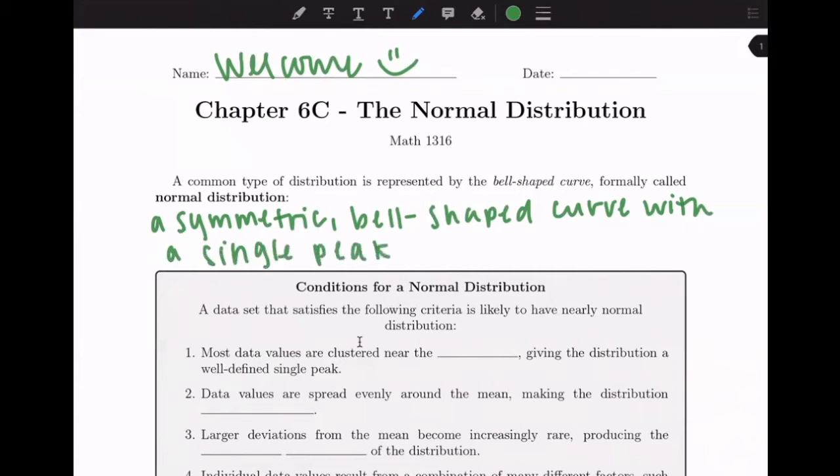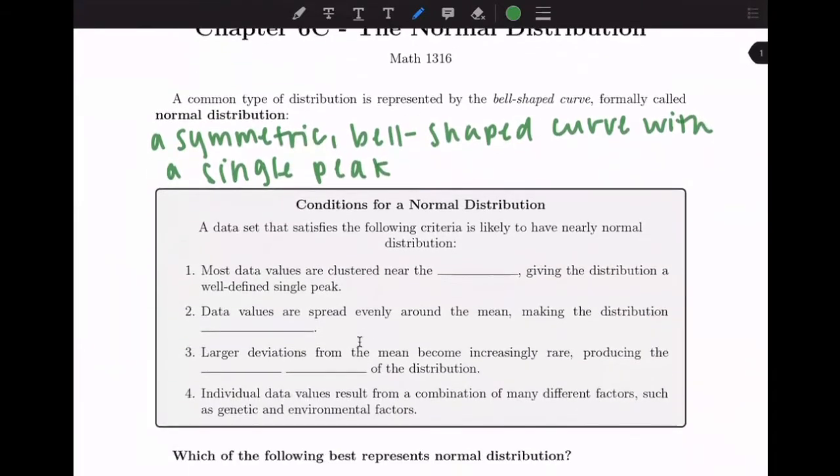Generally, that peak corresponds to the mean, median, and mode of the distribution. And it does also have some conditions.